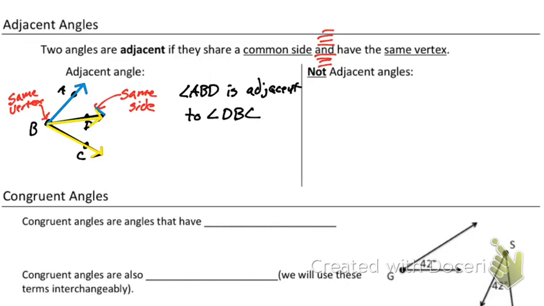They're sharing a wall. Let's do two quick examples of not adjacent that I've seen in the past that people think is adjacent. I'm going to label these real quick.